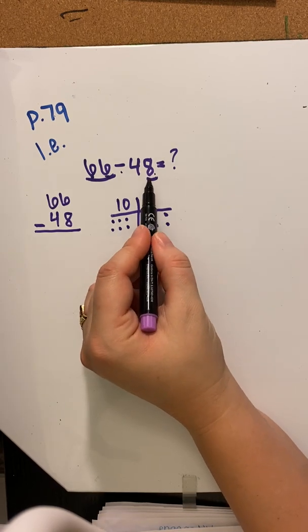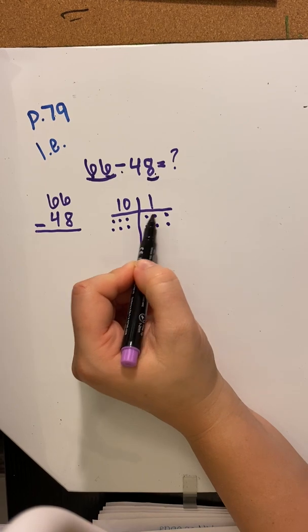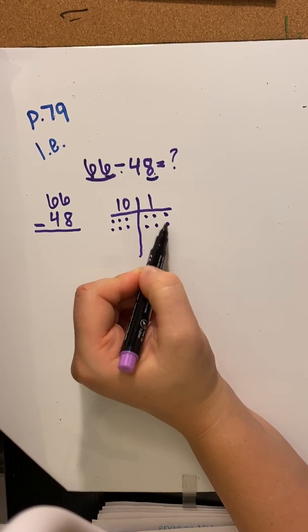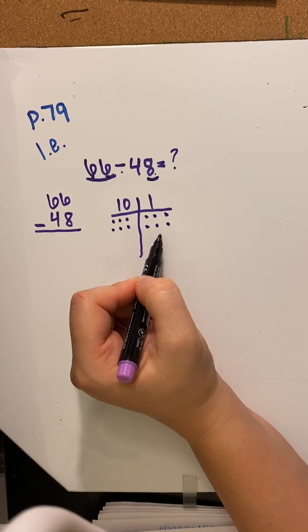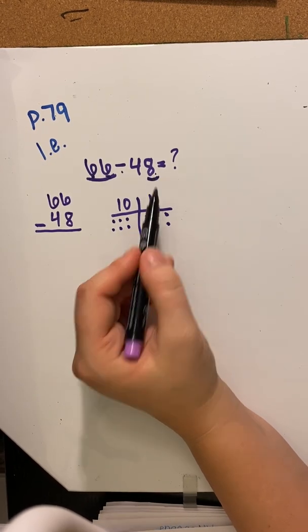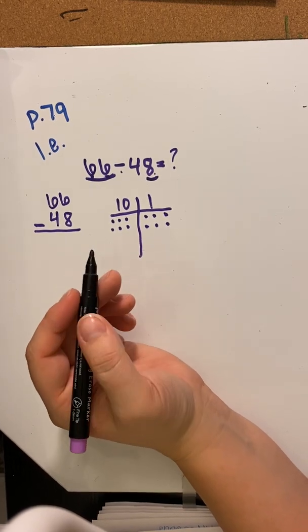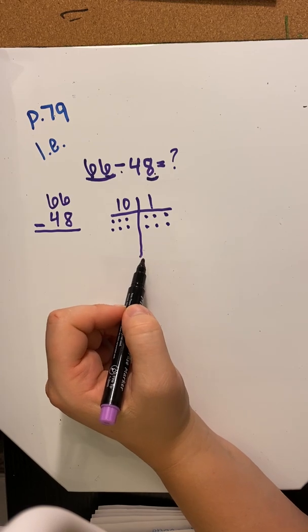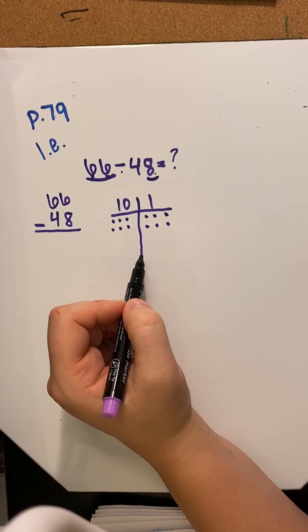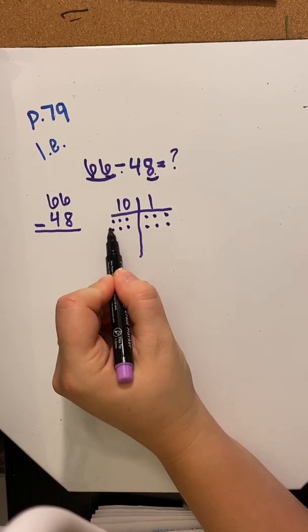So do we have 8 ones that we can take from this spot here that's already in the ones spot? 1, 2, 3, 4, 5, 6. No, I only have 6. I don't have 8. I don't have enough. So what do we have to do? Yeah, we have to borrow. So again, remember when we are borrowing, we are taking the entire bundle.